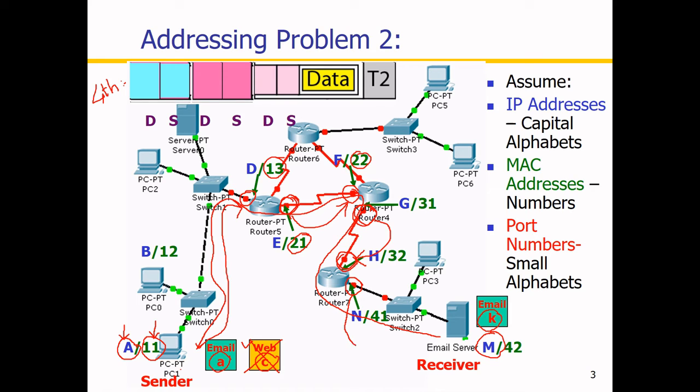So the hop is going to be from N to M, and once again the port numbers won't change, the IPs won't change, but now the sender MAC is going to be 41, the MAC of this N interface, and the destination MAC is going to be 42. Okay, so when that's done, data is going to go from router 7 to the email server.